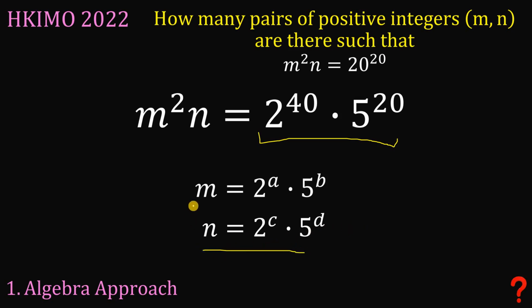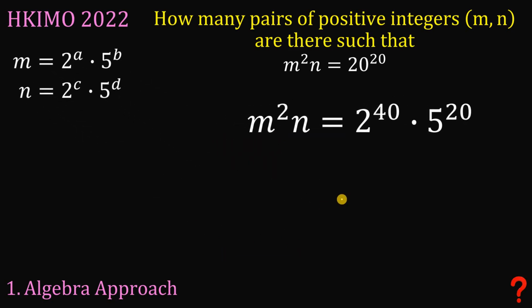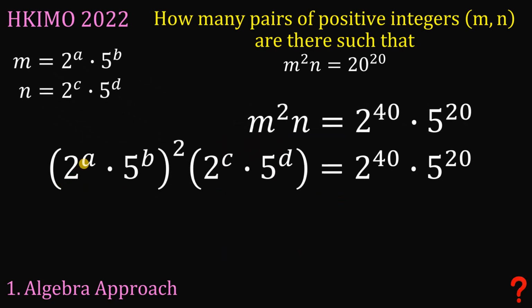So we will use this substitution for m and n. If we do that, we get 2 raised to the power of a times 5 raised to the power of b, squared, which is our m, times 2 raised to the power of c times 5 raised to the power of d, which is our n.